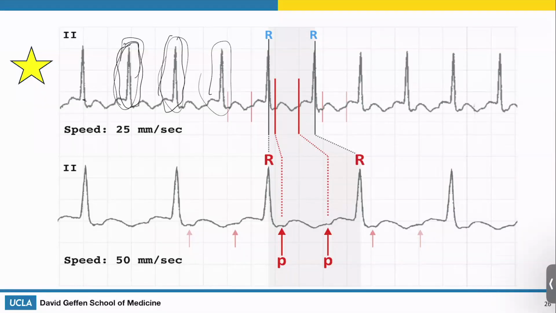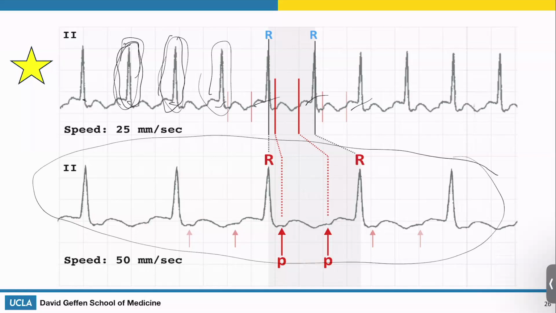So beat, beat, beat, beat, beat, beat, beat, beat, right? Now, if I slow the paper speed down, it doesn't change exactly what's going on, it just spreads it out on the paper. So if I'm using this EKG paper as a way to calculate my rate, I can't trust it the same.